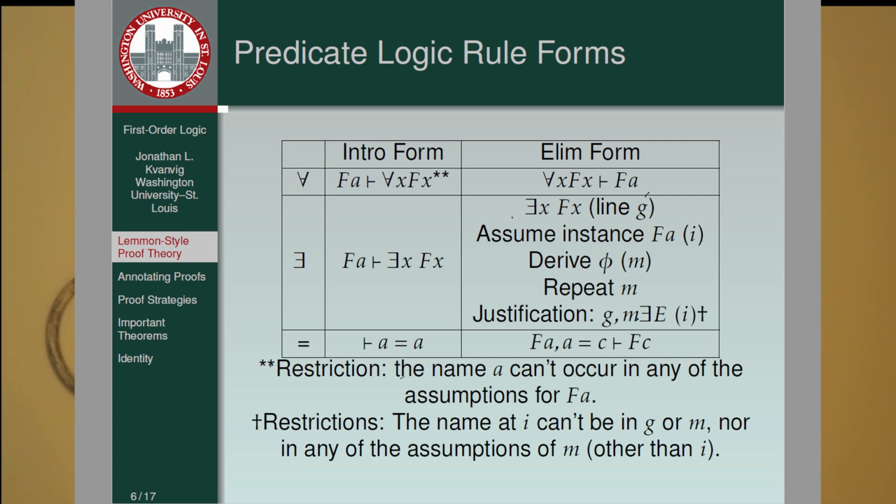So identity introduction just encodes that as a primitive rule. Identity elimination allows you to take any formula you want. If you've got A is F, so capital F, lowercase a, and you also have as a separate premise that A is identical with, say, C or B or something else. Let's make it C for present purposes. So if you have as premises capital F, lowercase a, and A equals C, you can derive capital F, lowercase c. C is F.